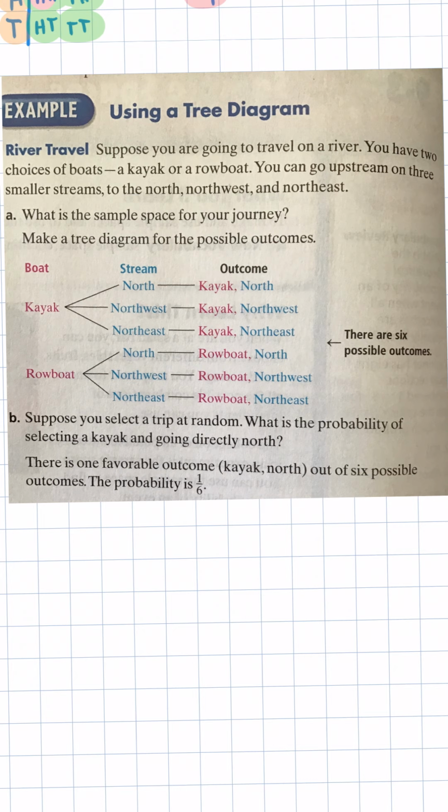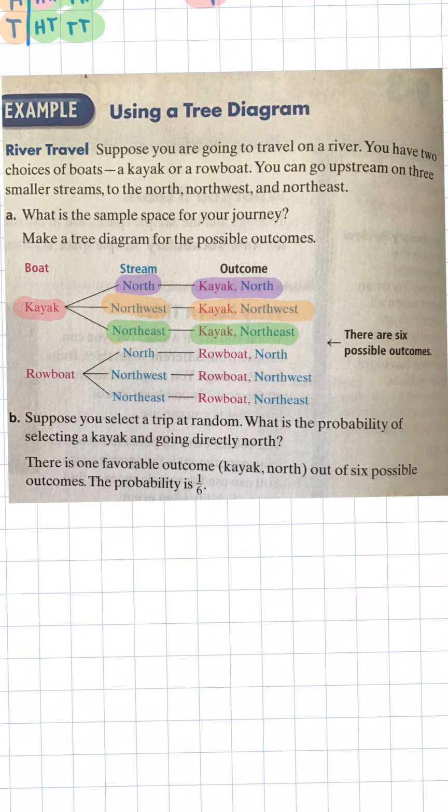So if we have a kayak, right, we could either go north, and so then our outcome's going to be kayak north. We could go northwest, so then our outcome's going to be kayak northwest, or we can go northeast, and then it's kayak northeast. These are the three outcomes for the kayak.